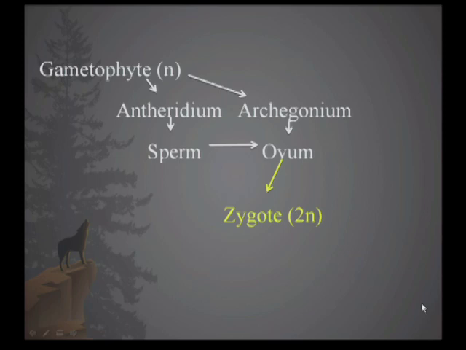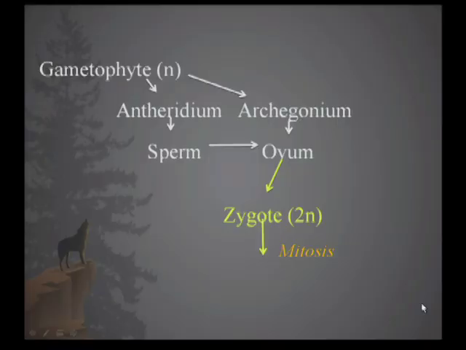So we have gone from a parent organism, a plant that's haploid, producing a diploid cell, which is the zygote. Then the zygote will mitotically divide, and it will grow into a new plant, and that new plant is called a sporophyte. And the sporophyte is a diploid plant.